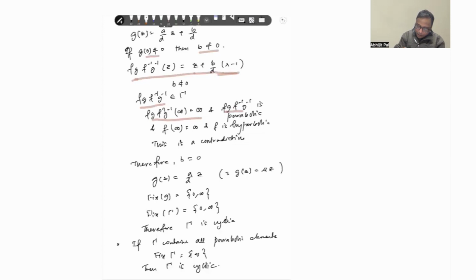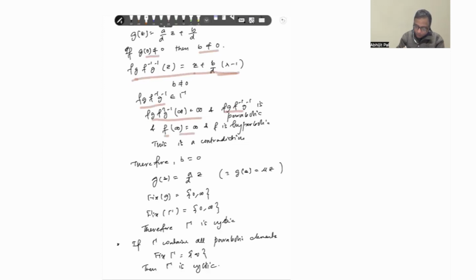And also we have this element f, which is a hyperbolic element which fixes the point infinity. Both these elements belong to gamma. Gamma is a discrete group. So we have a parabolic isometry and a hyperbolic isometry fixing the point infinity. That cannot happen. So we have a contradiction.